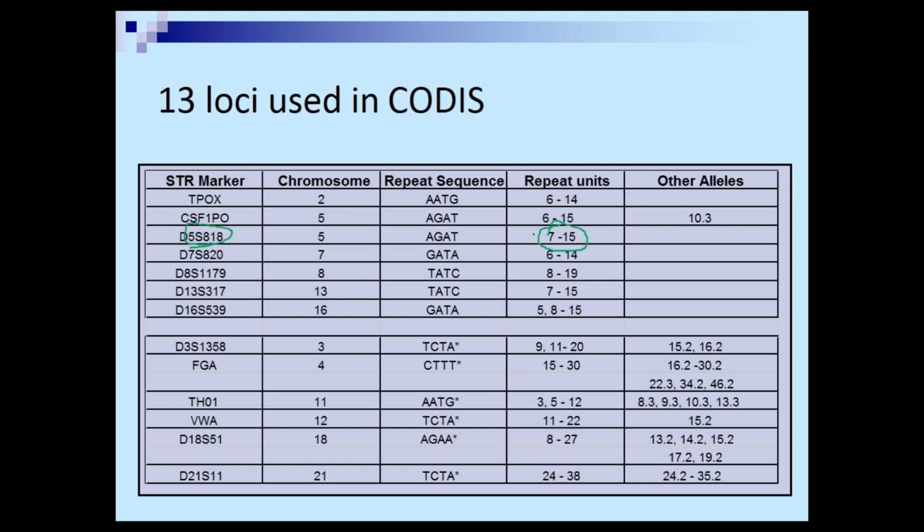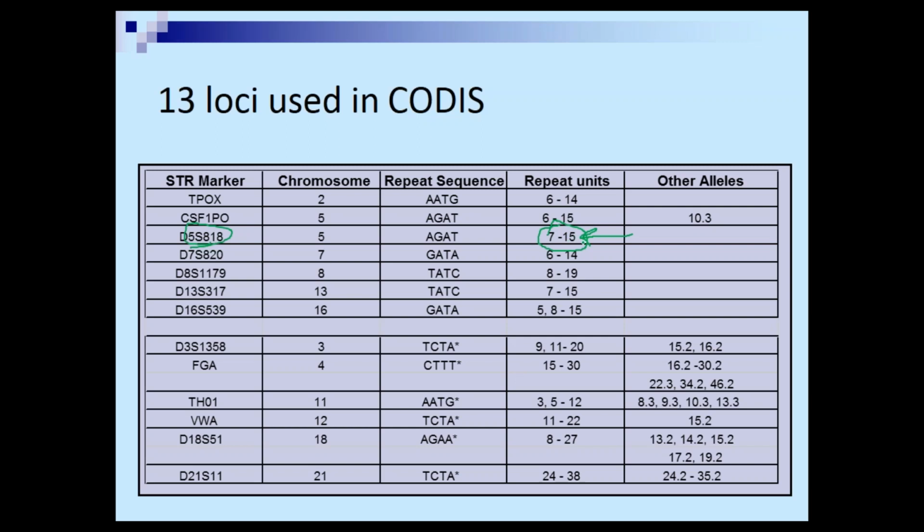So it's not as though you can have that repeated 2,300 times. So that's what? 7, 8, 9, 10, 11, 12, 13, 14, 15. That's 9 potential numbers that you could have. And you're going to pick 2 of them. You can see if you only have 9 options and you're going to pick 2 of them, you may coincidentally match somebody else walking around in society. And if you do the math, typically it's about 10% of people. You're going to be the same at that location.